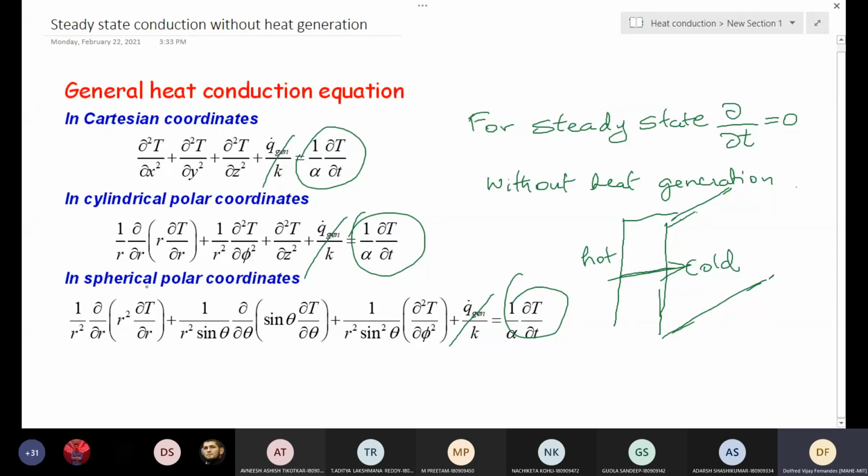Similarly, in spherical coordinates, we have storage vessels, generally high pressure storage vessels for cryogenic temperatures. For example, for storing nitrogen gas or helium gas in liquid form, we use spherical vessels, because it's under high pressure.